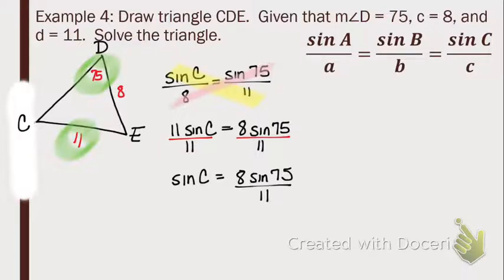And then what do I need to do to find C? What's the opposite of sine? Inverse sine. You have to take the inverse sine of both sides. This is some fancy calculator work, but this is what you need to type in your calculator: the inverse sine of 8 sine 75 over 11. And that's going to tell you the measure of angle C. Go ahead and take a moment and type that in.